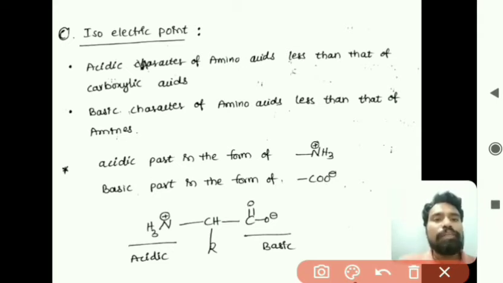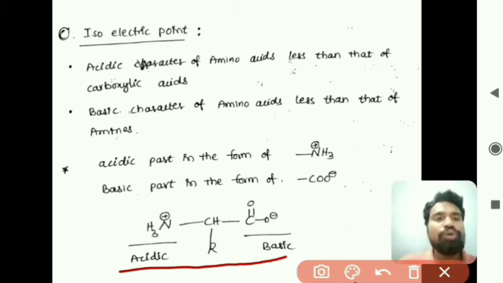So there are two functional groups present in the amino acid, that is COOH and NH2, right? As we know the zwitterionic form, that is this, right? After formation of the zwitterion in the amino acid, the acidic part is not the COOH group, because COOH became COO minus, since one proton transfer takes place from COOH to the amine, right?